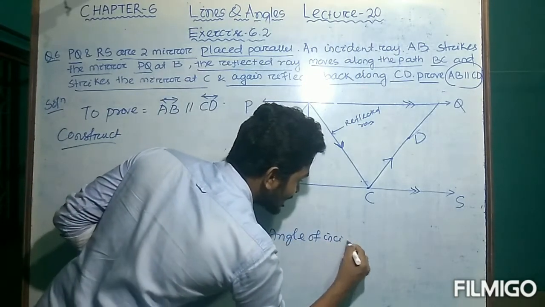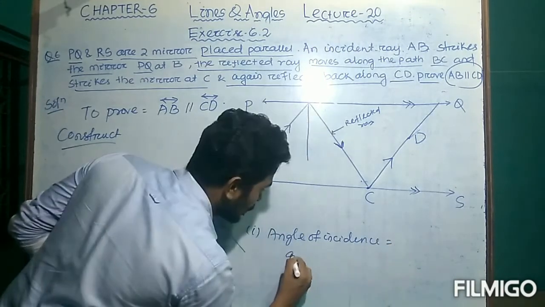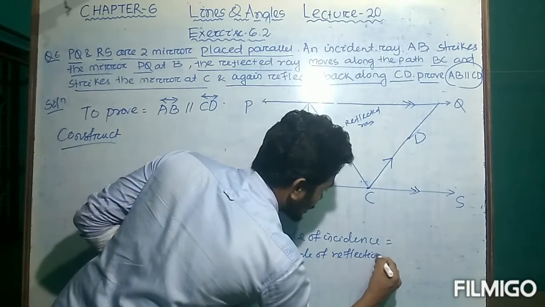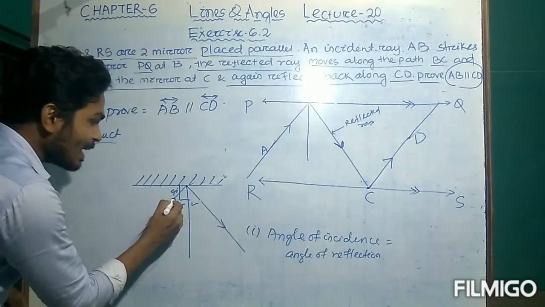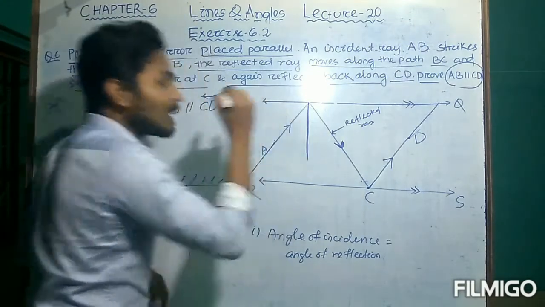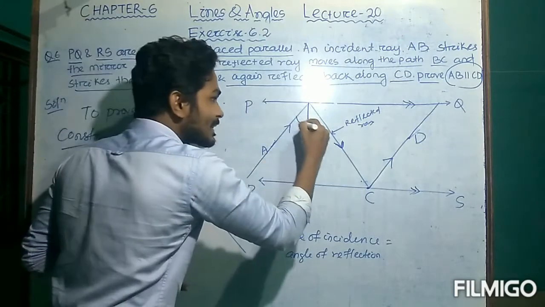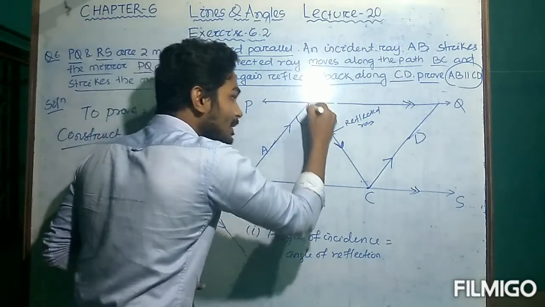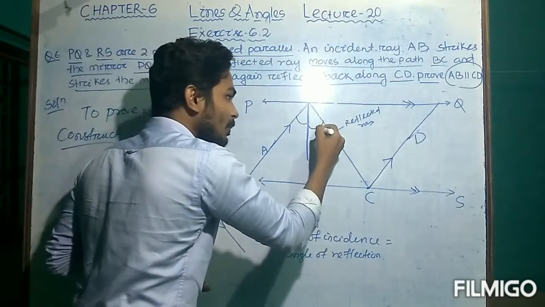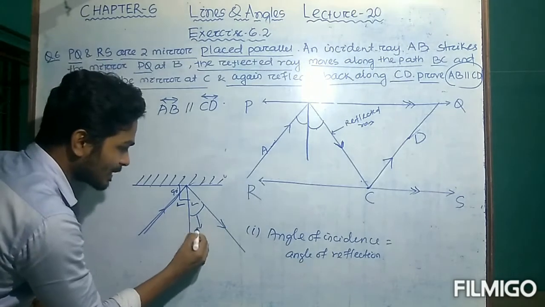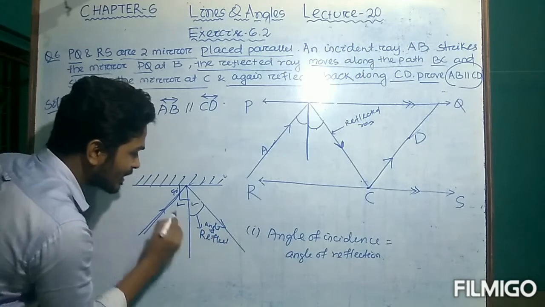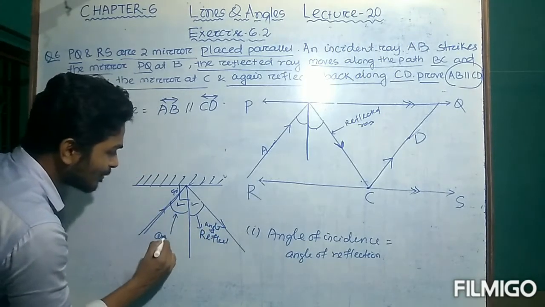It means the angle made by the incident ray with the normal line is equal to the angle made by the reflected ray with the normal line. This is the angle of reflection, and this angle is the angle of incidence.